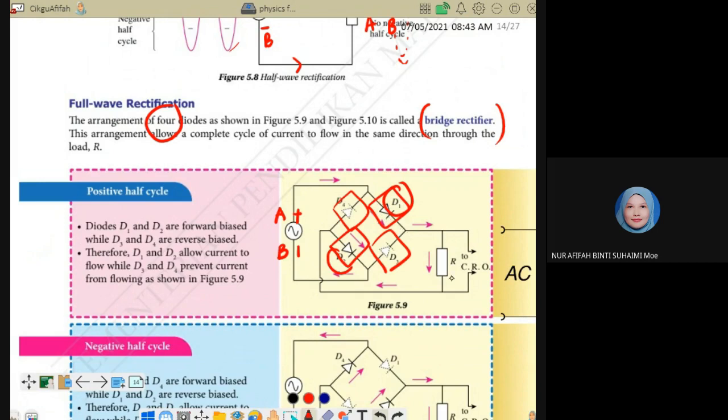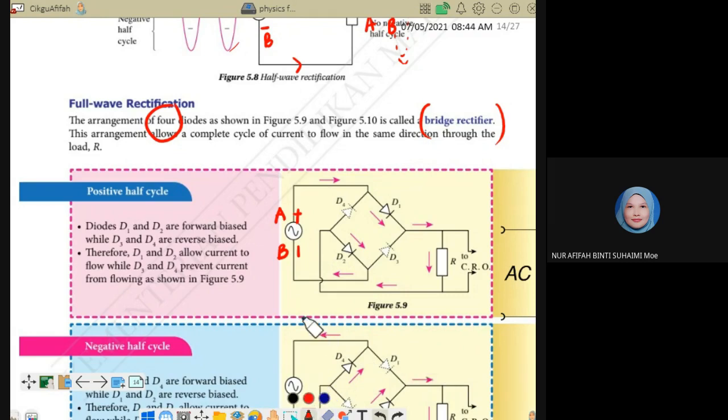Jangan lukis terbalik pula. Ataupun you buat sama je dia punya laluan ni, itu tak boleh. Kadang-kadang akan ada soalan yang minta you lukis, structure question number 1 until number 5, untuk lukis, ataupun soalan belakang.